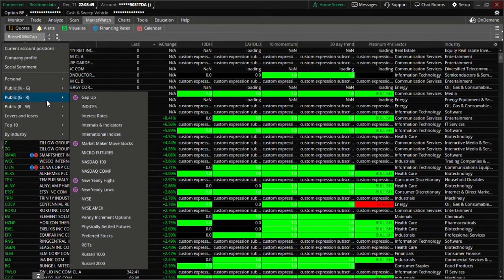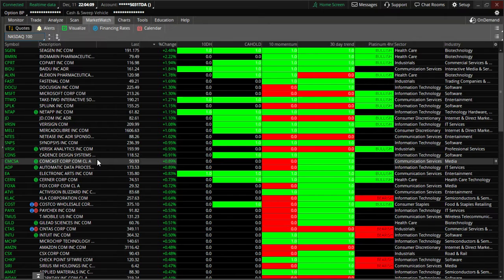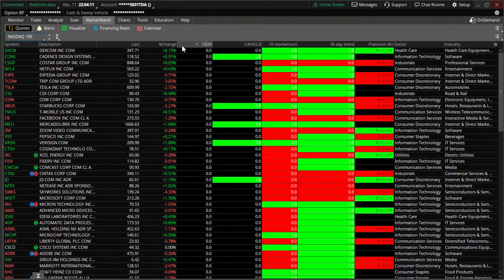I don't know if it has to do with the internet or my computer, but I am on like a $250, $300 HP laptop. I don't need anything fancy for what I do. So let's go over here to the NASDAQ 100. It should load everything pretty quick. See, there you go. It loaded everything relatively quick here.